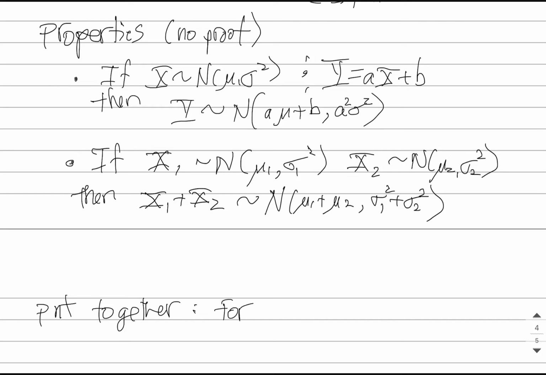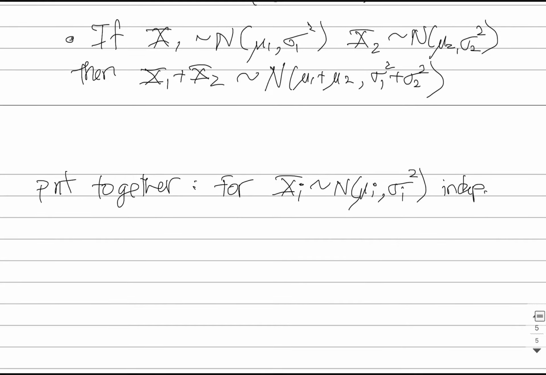So if we've got xi, and they are all different and they all have their own means and they all have their own variances. And if we assume that they are independent, that's the main assumption that we're going to make here. They don't have to be identically distributed. They just have to be independent.